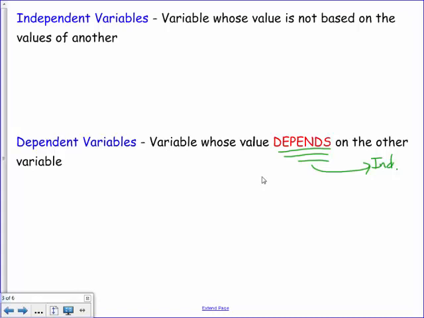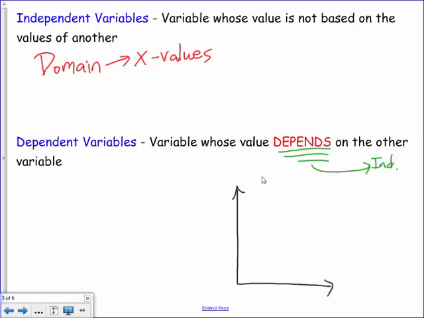All right, we're also going to look at these words domain and range. Well, domain goes with independent variables, and the domain is basically all of our x values. So independent always goes on our x-axis. If I were to graph anything, know that independent variables always go on the x-axis, because as the independent is increasing, we want to see what's happening to the dependent. Is it going up or is it going down?